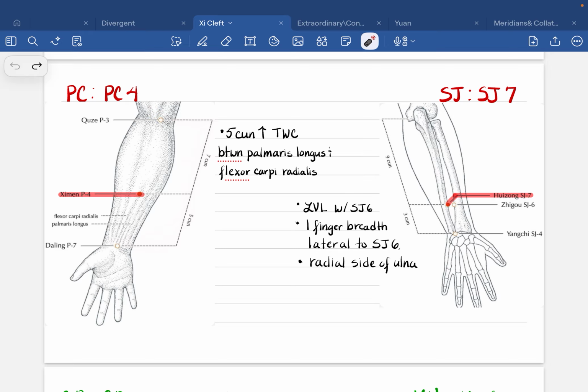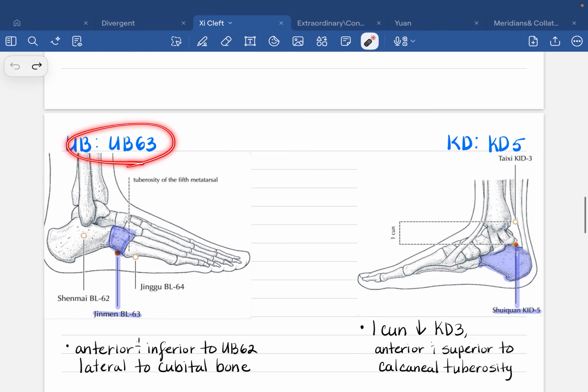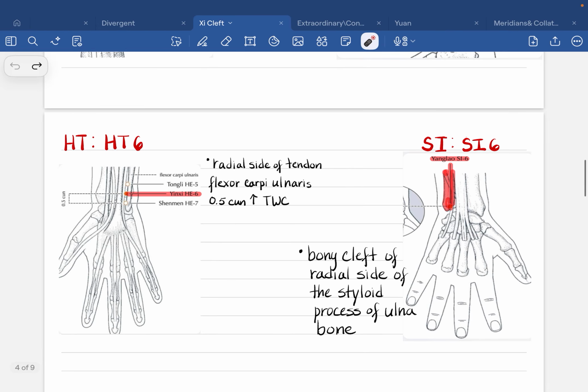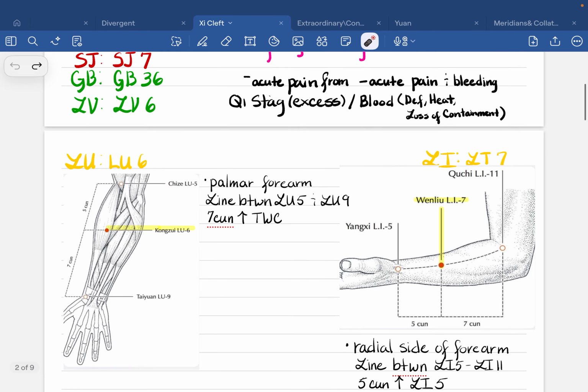If you see a pattern, I think you've noticed that it's always the trajectories that we remember. It's always somewhere around that middle, and that's the point where the xi-cleft is. Except for maybe UB63 and kidney 5. But when it comes to the points, they're always somewhere a little above the creases. Even here, this is kind of a crease.